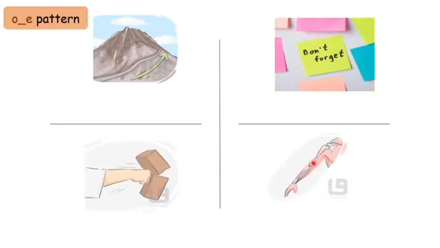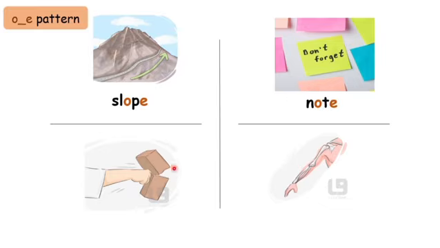Very good. Soak. Soak. Now for the next pattern, what is the spelling word here? Slope. Great job. Slope. Here we have the word note. Very good.